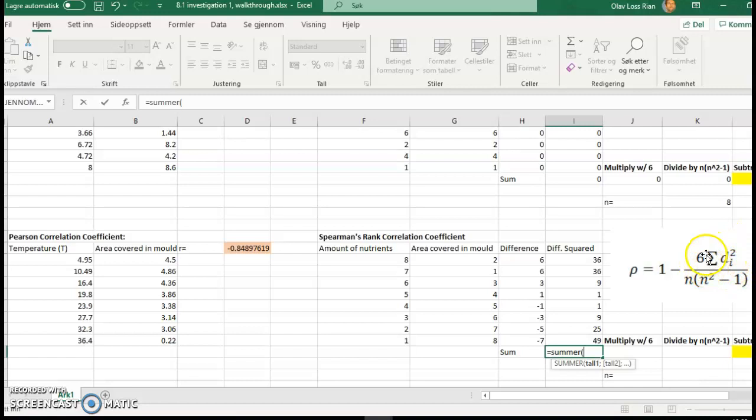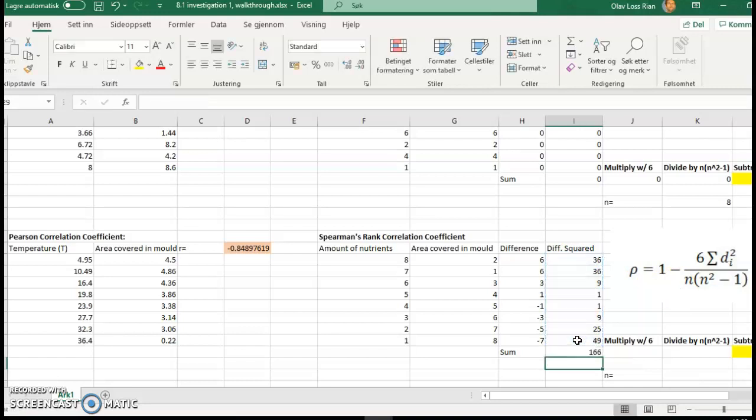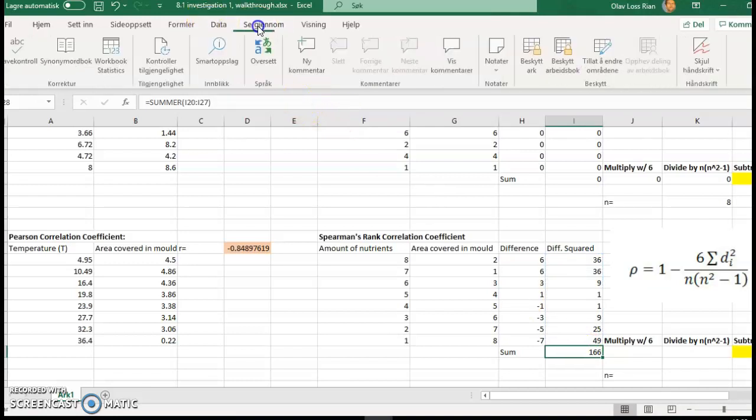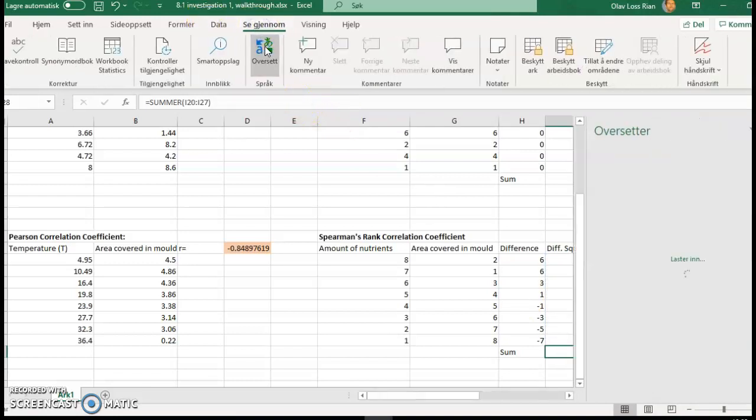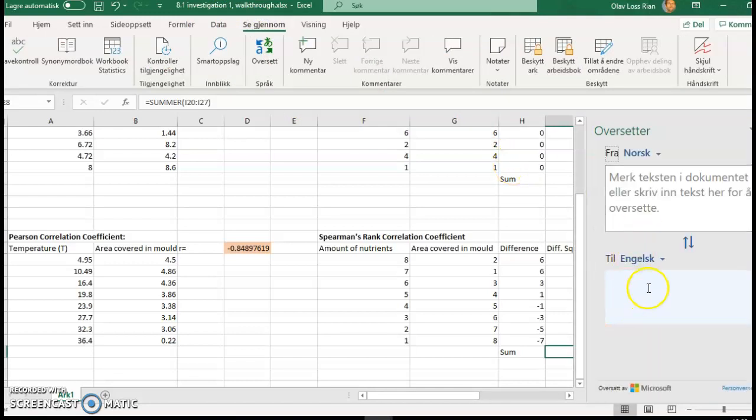This sigma sign is the sum of squared differences. Like this. And again, if you want this in English, you just write sum instead of summer.